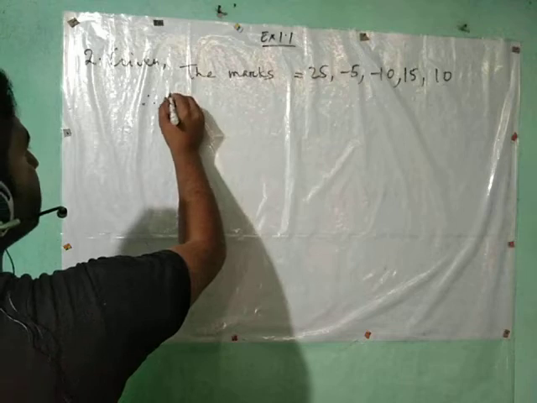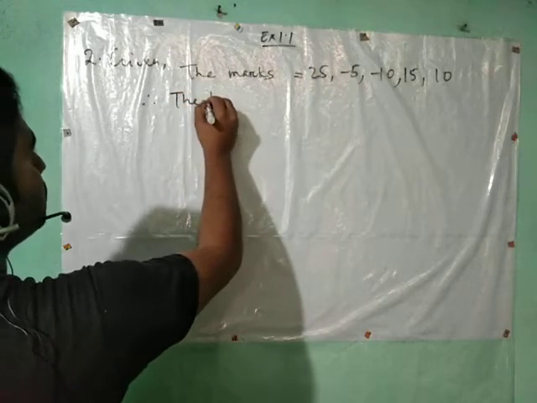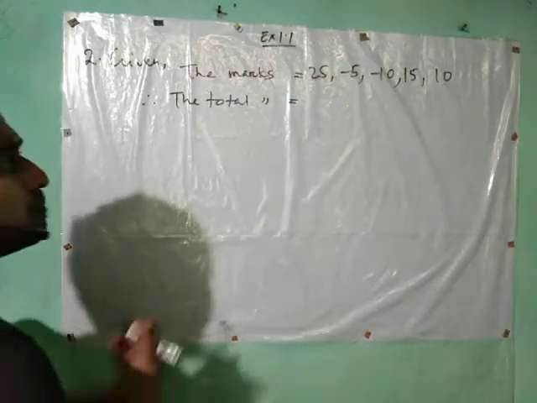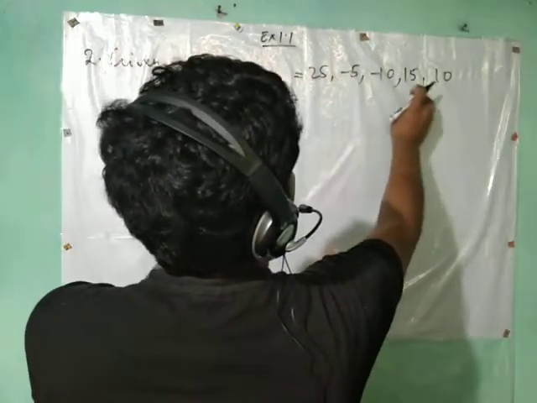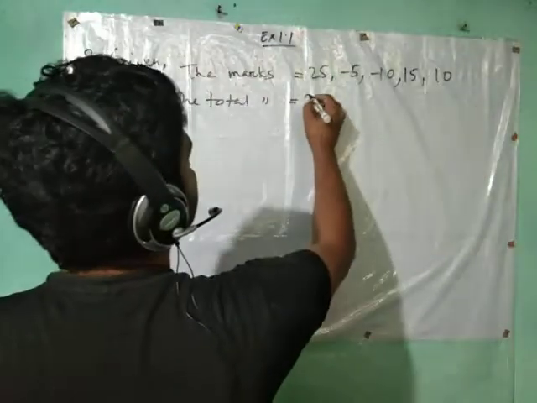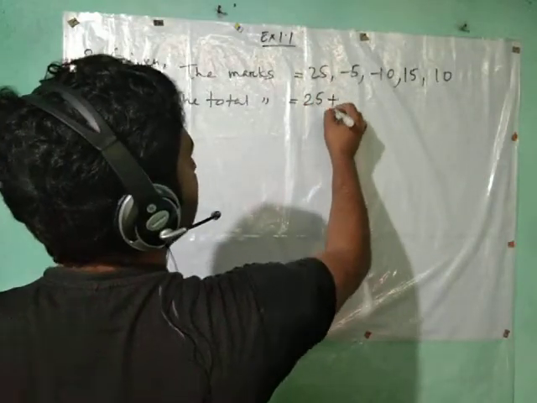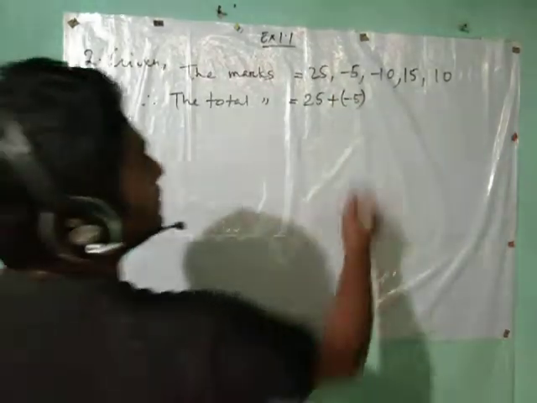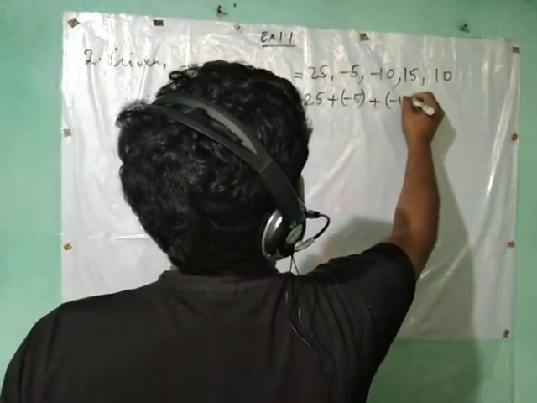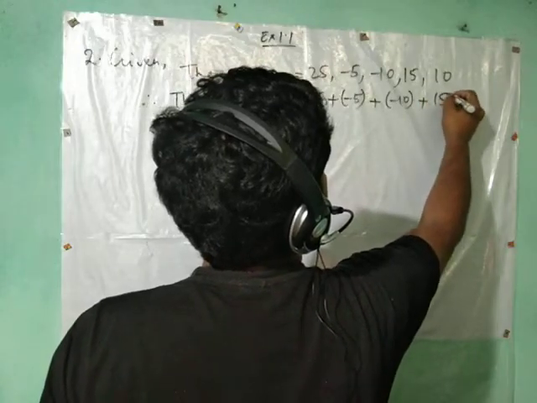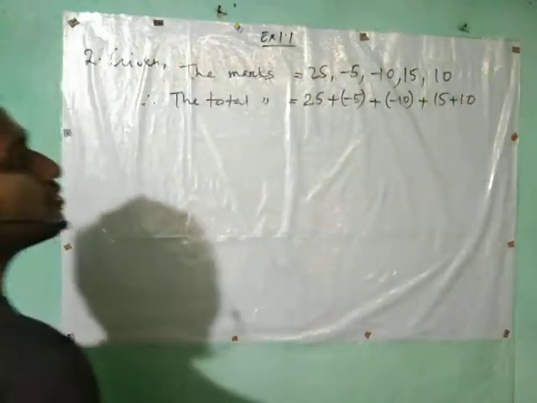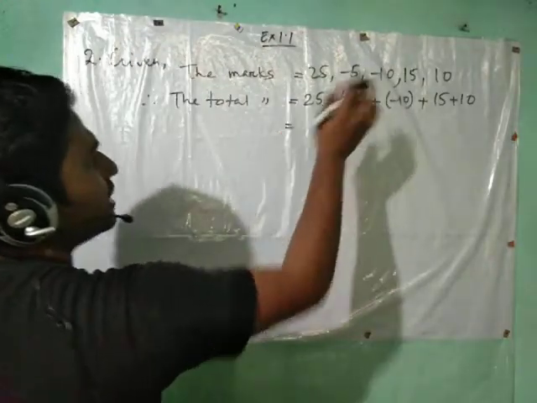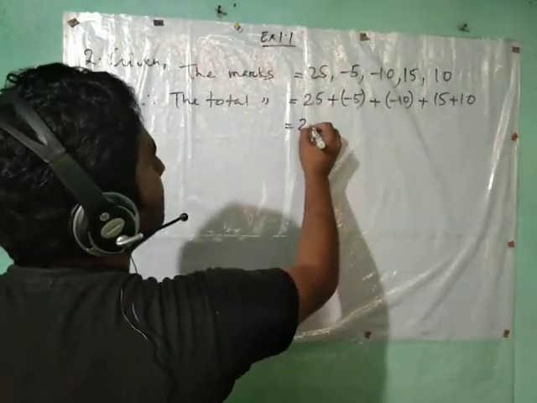So for the total, therefore the total marks equals, how will we find it? We have to add, simple. These commas will all be changed to plus. So 25 will be 25, comma will be plus, then -5 we have to write inside a bracket because it is a negative number, plus again -10, again plus, then 15 + 10. Because the remaining two are not negative numbers, I will not put a bracket here. Now I will remove those brackets. Here the bracket is already removed.